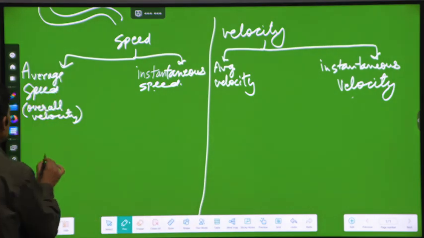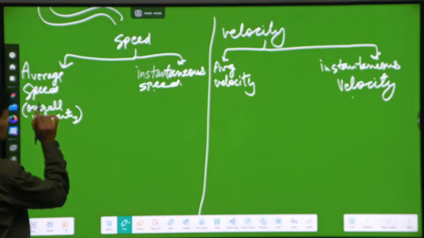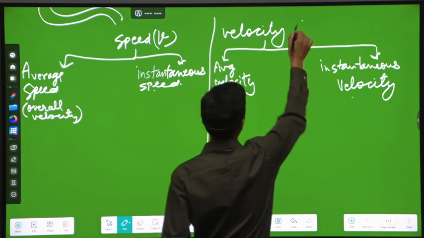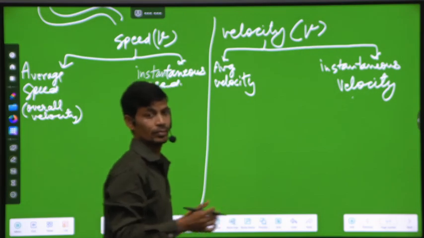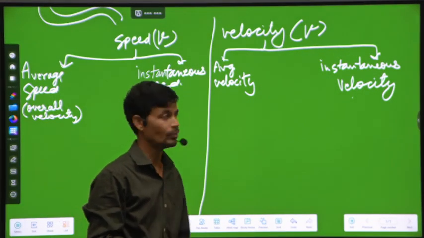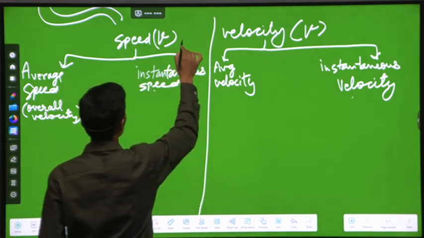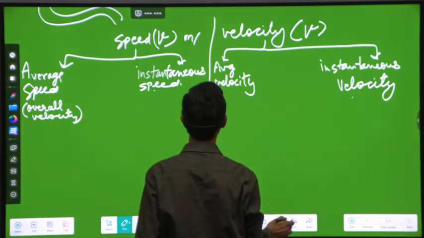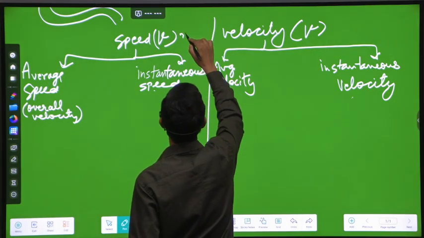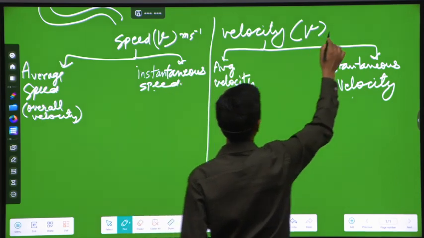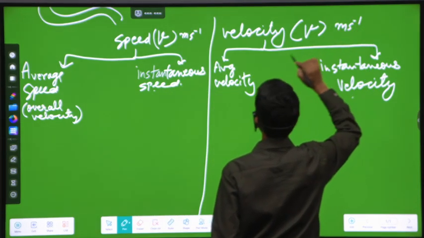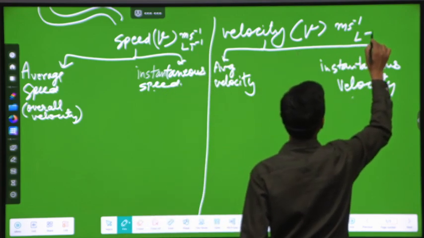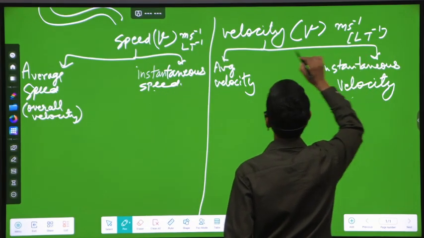The symbol for speed is v, and the symbol for velocity is also v, so be careful about these symbols. Its SI unit is meter per second, and the dimension is LT minus 1, here also LT minus 1.